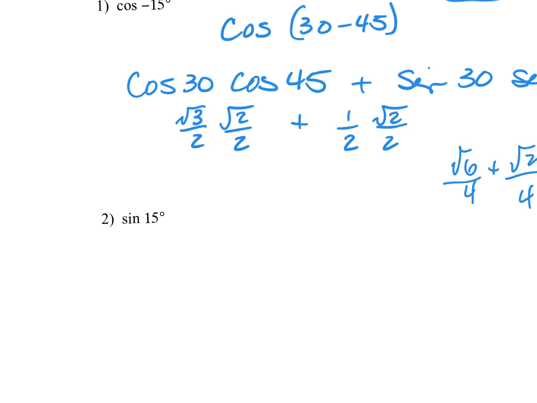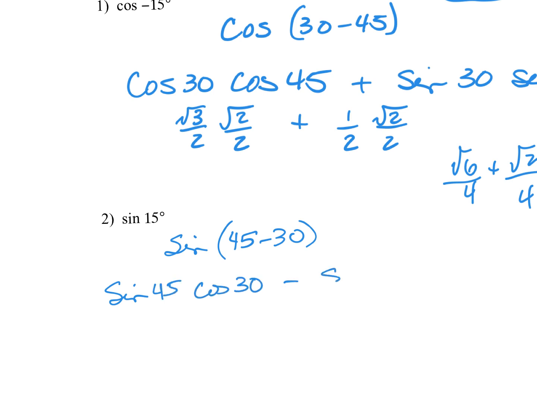So sine of 15, in order to get 15, you would do sine of 45 minus 30, and that is sine of the first guy, cosine of the second guy, minus sine of the second guy, cosine of the first guy.